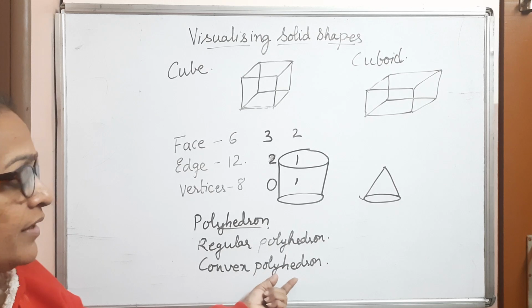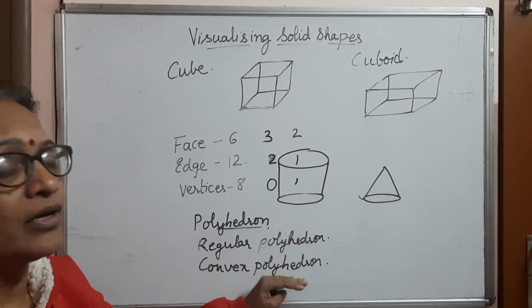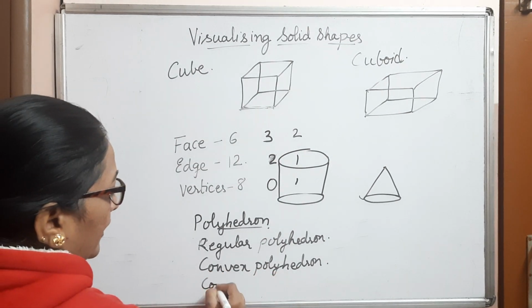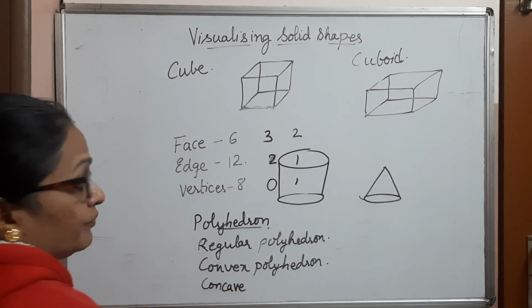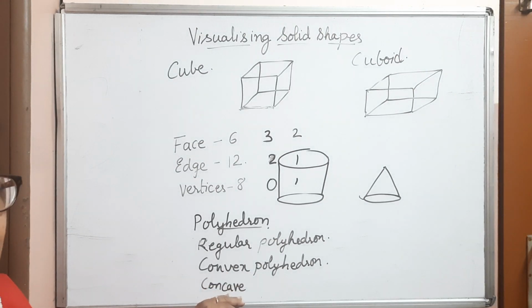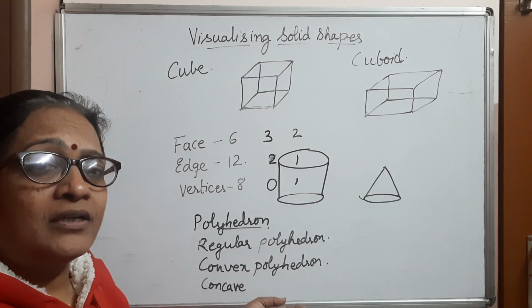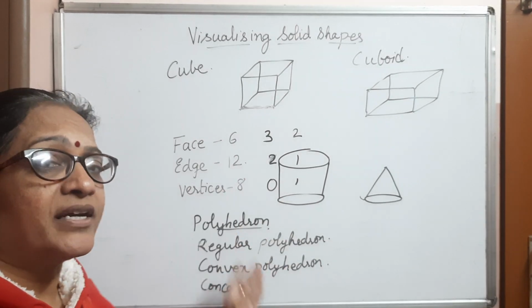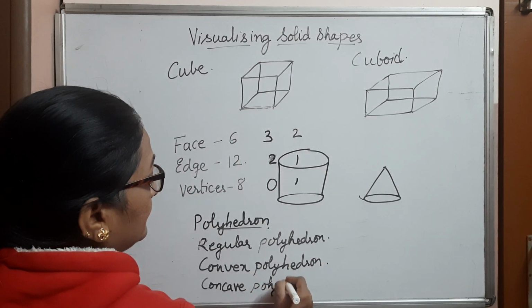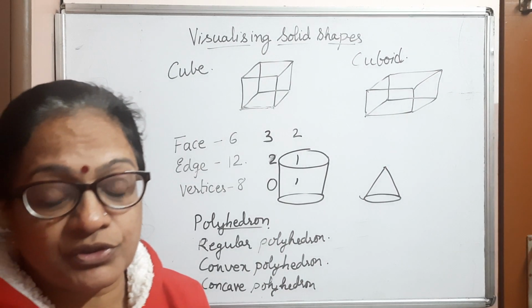So all the polyhedrons which have all angles less than 180 degrees are known as convex polyhedrons, and if the angle is more than 180 degrees, or you may say the other way, that if the diagonals of the polyhedron are outside the figure, then it is concave. Okay, so these were the few terms which were to be introduced.